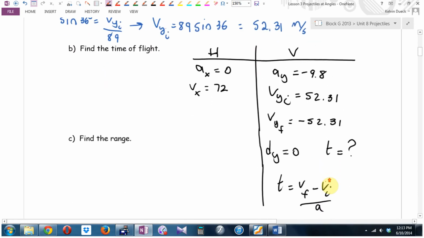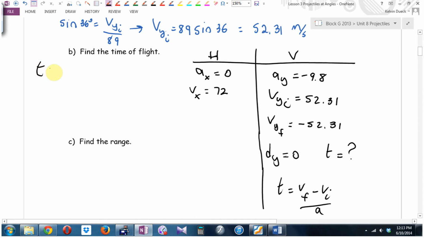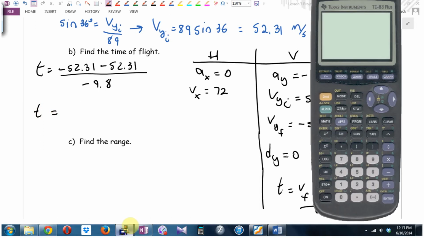Time of flight. I'm going to do the rest of the work over here. T equals, what's V final? Negative 52.31 minus 52.31 divided by negative 9.8. How long is this projectile in the air for? Oh, conveniently, I have this number still on my calculator in my answer button.